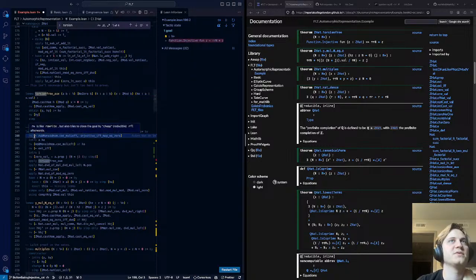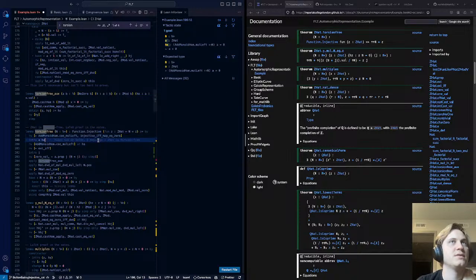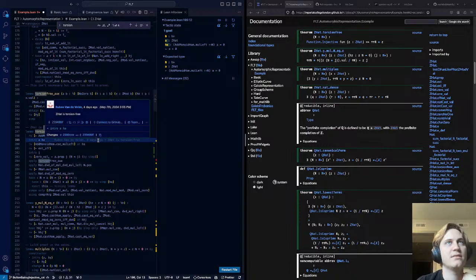I'd like to see how this is proved. Function injective. Right, this does an intro, so what we intro ultimately is that if this equals 0, then it's 0.